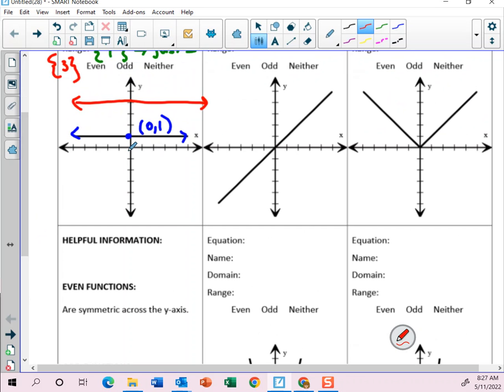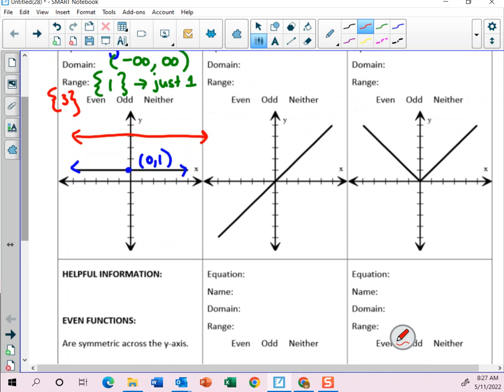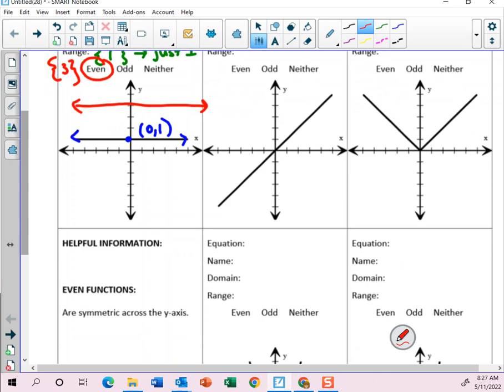If we pick up the paper and fold it over along the y-axis, and both pieces of the graph would meet up, that's considered an even function. So every horizontal line that we talk about automatically is an even function because we have that y-axis symmetry. The y-axis acts as a mirror.